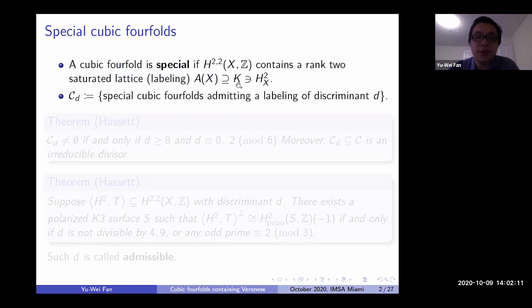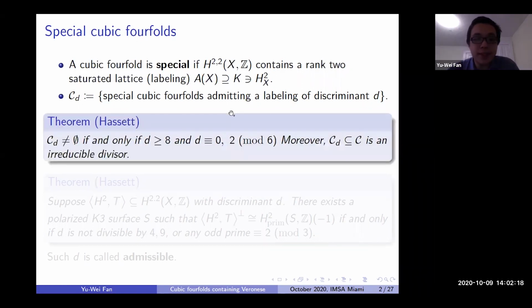It is proved by Hassett that when d satisfies this numerical condition, C_d is non-empty, and moreover it is an irreducible divisor in the moduli space C of all cubic fourfolds.